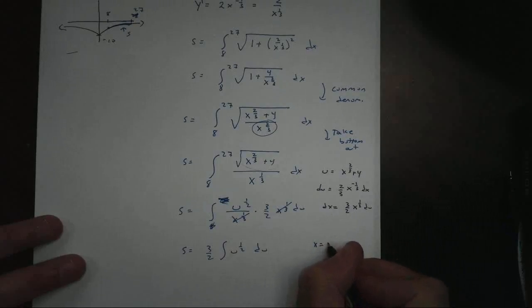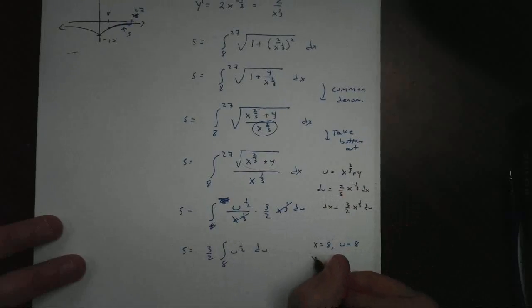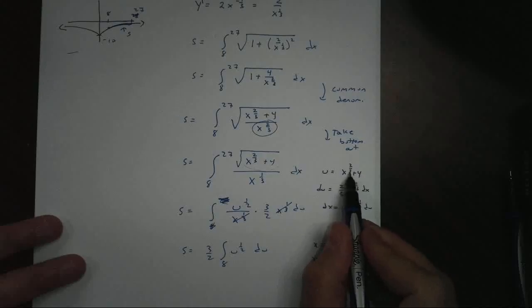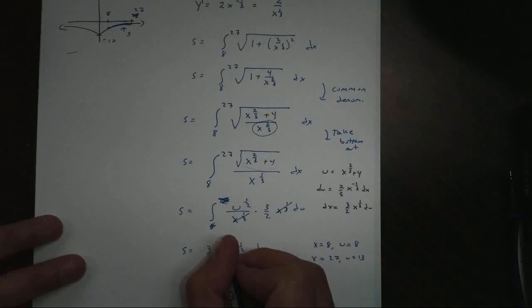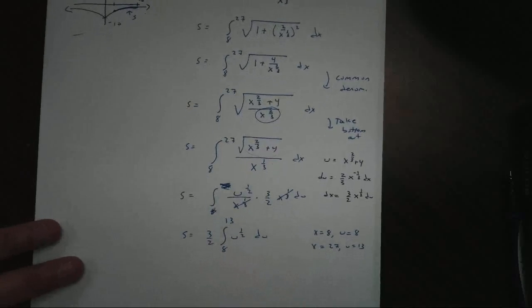When x is 8, u is also 8. You can check that. When x is 27, x to the 2/3 becomes 3 squared, 9, and u is 13, so we can go from 8 to 13 now. And we can integrate the rest here pretty easily. So I would get 3/2 times, from 8 to 13, u to the 3/2 times 2/3.